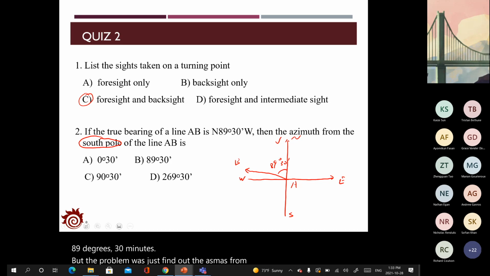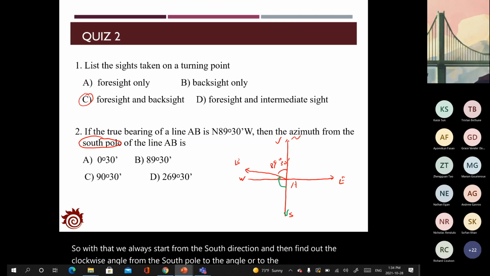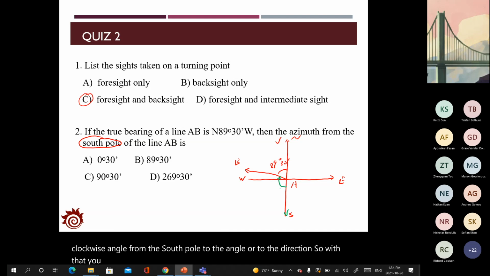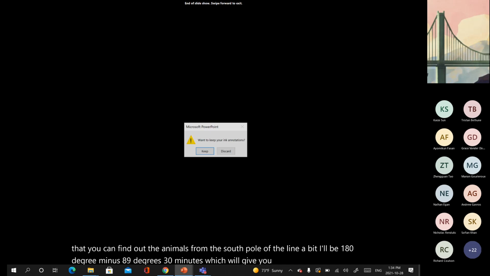So with that, we will always start from the south direction and then find the clockwise angle from the south pole to the direction. So you can find the azimuth from the south pole of the line A to B. That will be 180 degrees minus 89 degrees 30 minutes, which will give you the answer as 90 degrees.